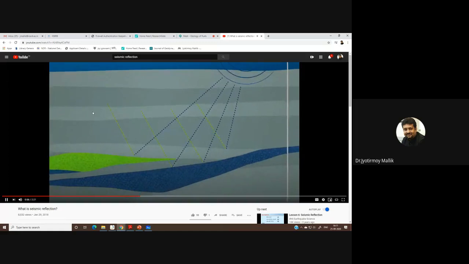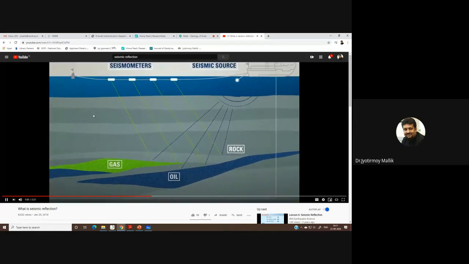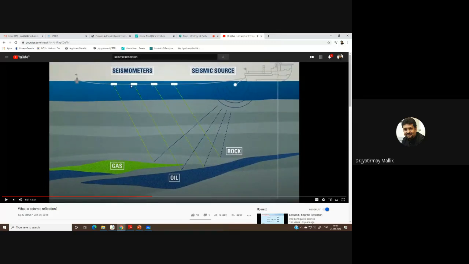Okay, and then it is being reflected, as you can see, and of course it is being received by these receptors, right? These are called seismometers, where they are received, right?